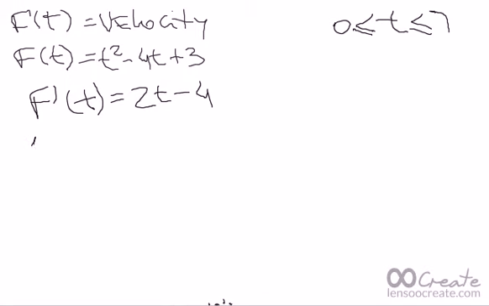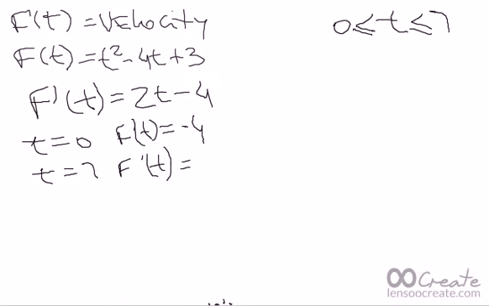For t equals 0, the velocity equals minus 4, and for t equals 7, the velocity is going to be 14 minus 4, so 10.